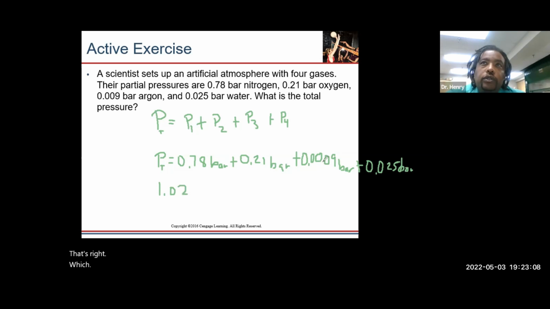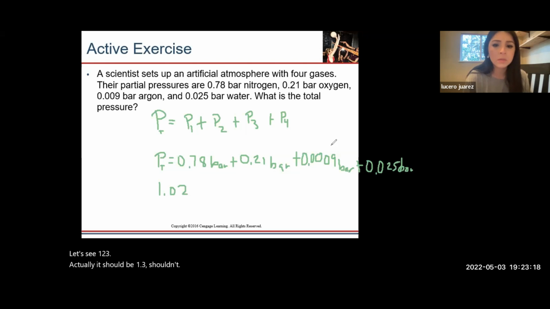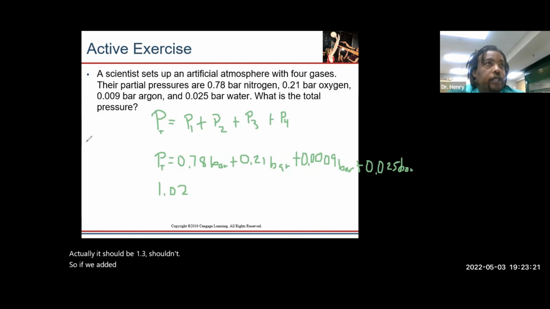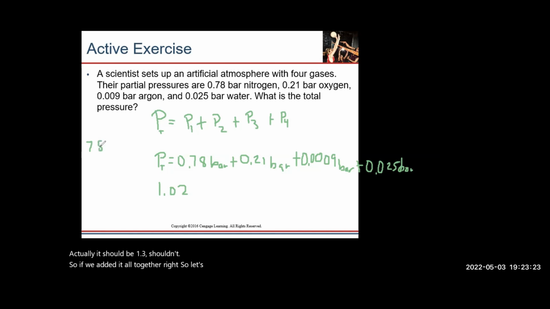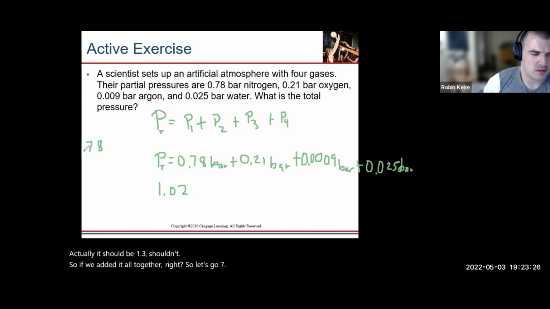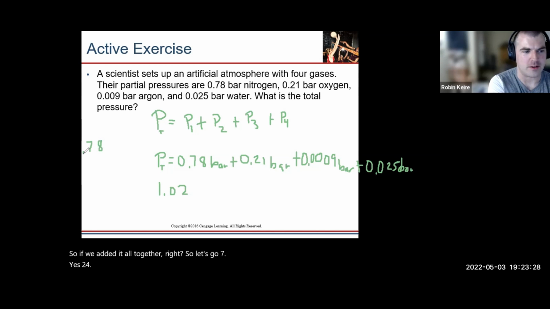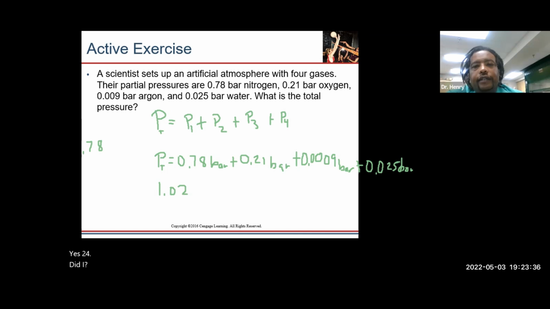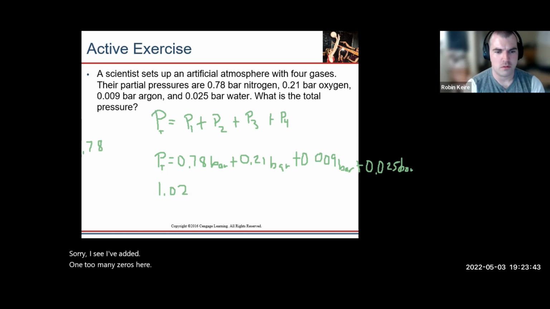Well, let's see. 1, 2, 3. Actually, it should be 1.03, shouldn't it? I got 1.02. So if we added it all together, right? I got 0.024. And then because you're adding, I took off the 4, but I wasn't quite sure if I was doing that right. Oh, sorry. Yeah, I see. I've added one too many zeros here.